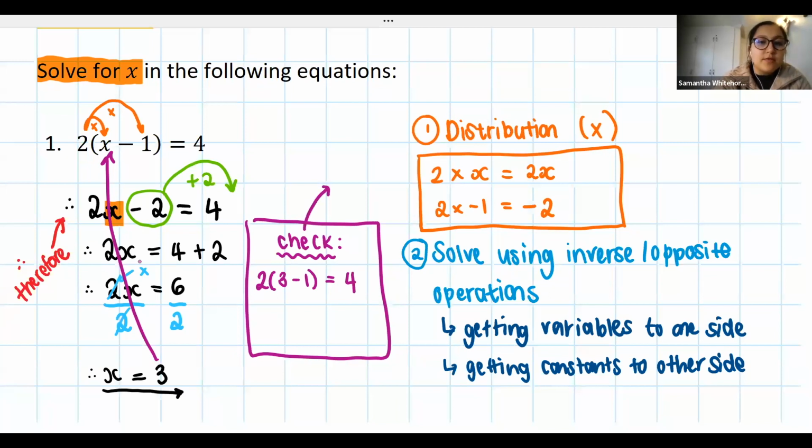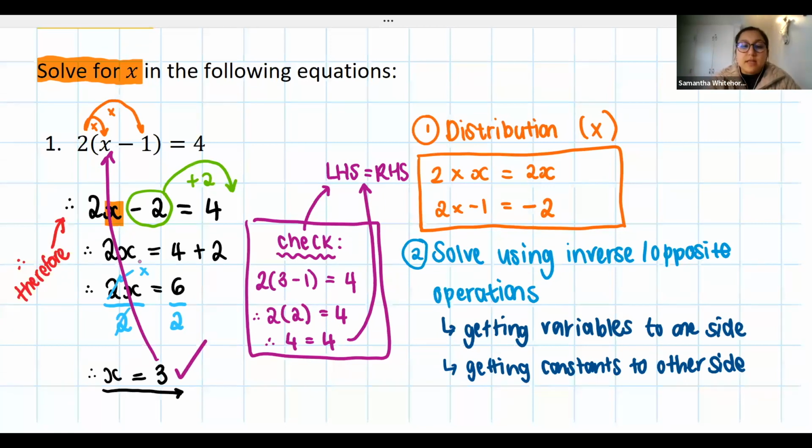The whole point of your check is to make sure that the left-hand side is equal to the right-hand side. So in my brackets, 3 minus 1 is 2. So I've got 2 times 2 equals 4. And we know that 2 times 2 is 4. And so because my left-hand side is equal to my right-hand side, I know that this answer of x equals 3 is correct. I know that I've done it properly and I've got the correct value for x.